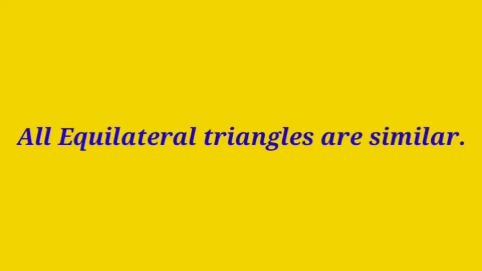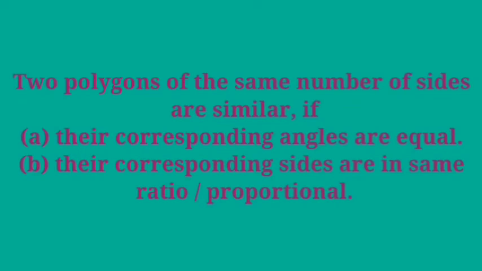All equilateral triangles are similar. If we take 2 polygons with the same number of sides, to be similar they should obey 2 conditions. First condition, their corresponding angles are equal, and second condition, their corresponding sides are in the same ratio or proportional.